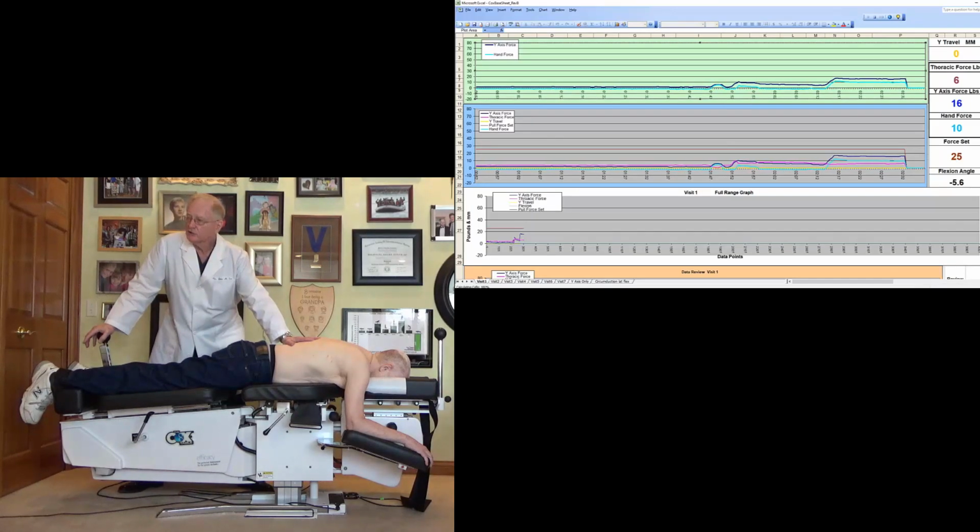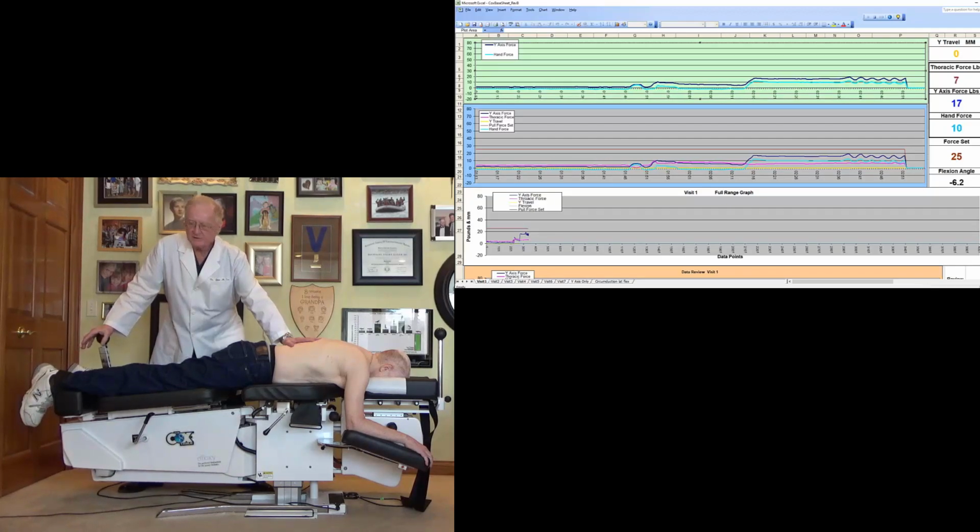Now I apply 2 pounds. If you look on the right hand, you'll see it says 16. Now, just watch. When I go up 2 pounds, you see the movement of the current. The light blue line is my contact. The dark blue line is the force applied.